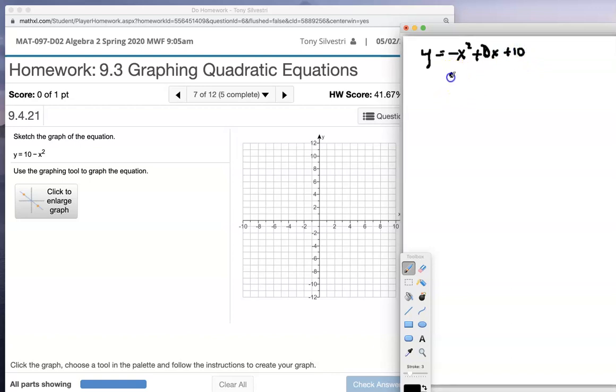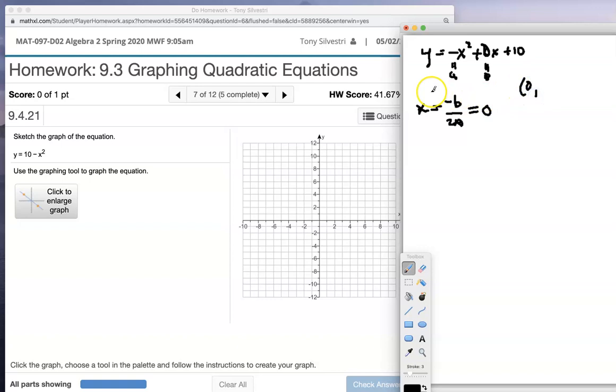My a is this guy. My b is that guy, 0. So the vertex occurs at x equals negative b over 2a. The wonderful thing about 0 is that you don't need any calculation. The vertex occurs at 0.